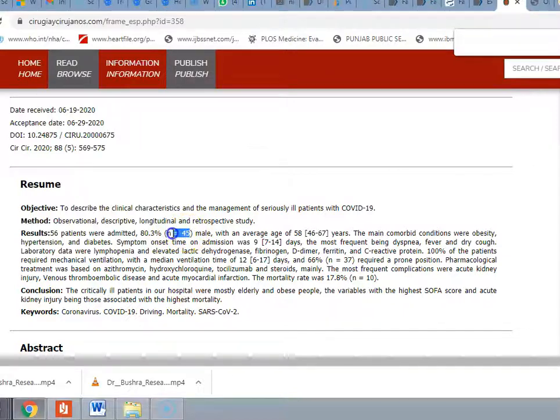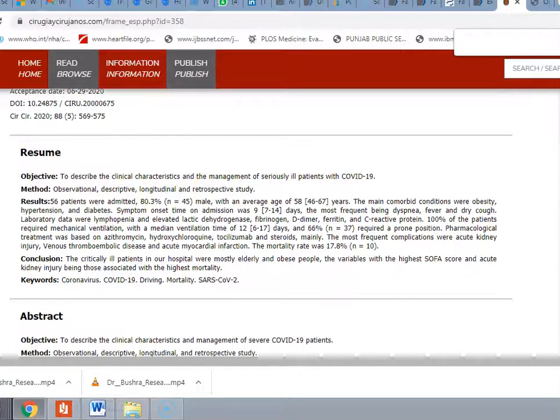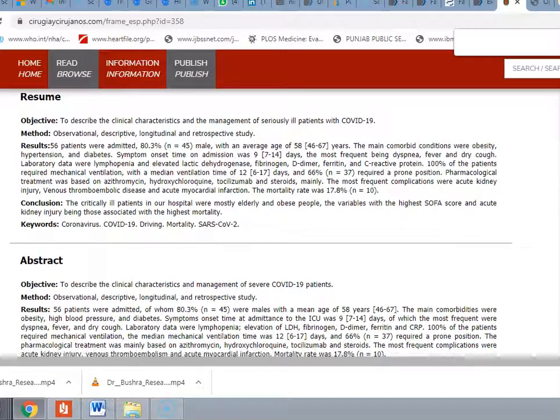You see, N is 45, that is, they had 45 patients' data, and so they could publish it as a longitudinal descriptive study.